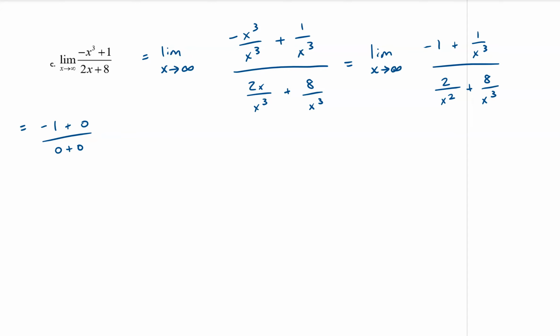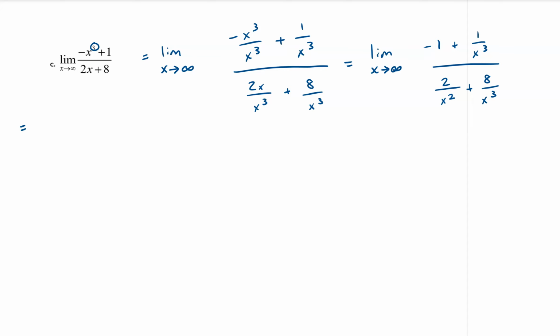So what's going to end up happening is this is a special case where the highest power of the numerator, which is 3, is more than the highest power of the denominator, which is 1.